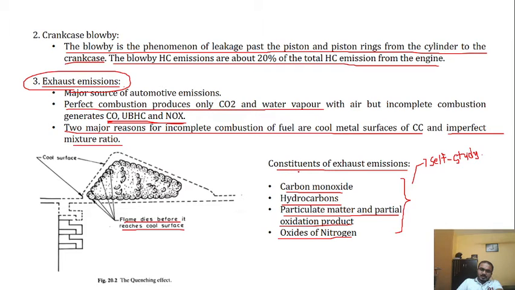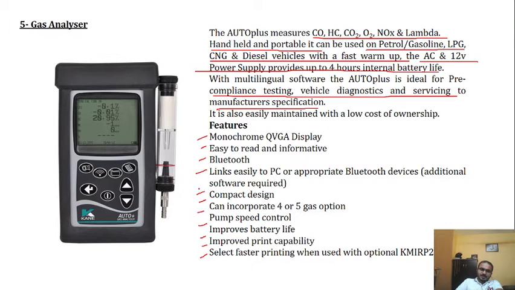And the constituents of exhaust emissions are carbon monoxide, hydrocarbons, particulate matter, partial oxidation products, and oxides of nitrogen. Then we discussed a 5-gas analyzer.